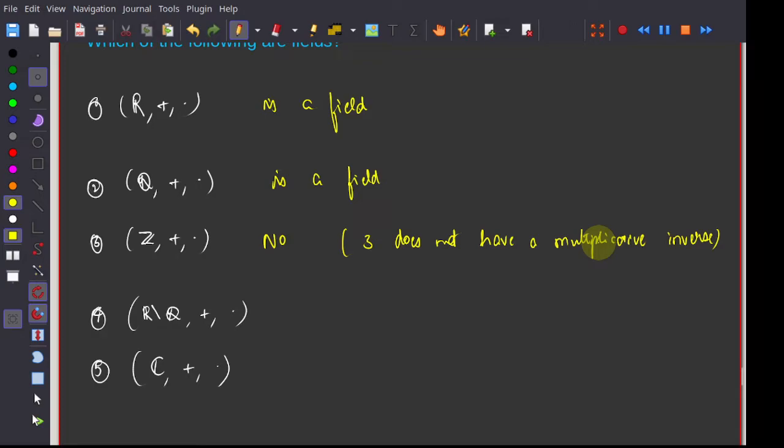So now what about the set of irrational numbers? Throughout I'll use the same notation. So R, this special R, will be the set of real numbers, Q will be the set of rational numbers, Z will be the set of integers. So R minus Q is the set of all irrational numbers. Is this a field?